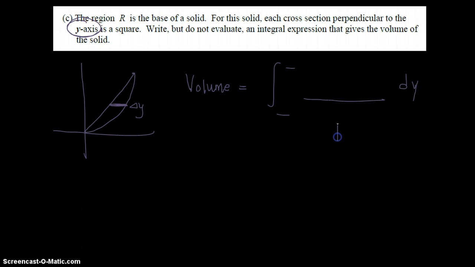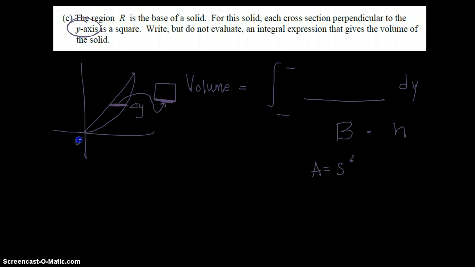So again, base times height. Well, area of a square should be side length squared. You learned that back in your pre-algebra days. And again, if I pulled this out, it would make a nice little square cross-section with that piece sitting in that region right there.